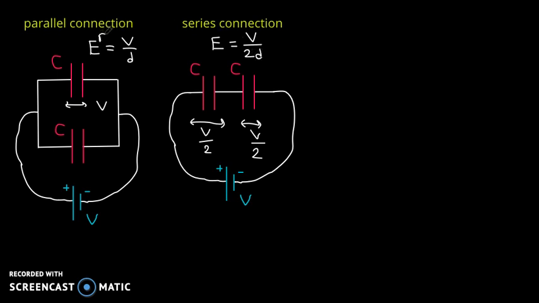So this is electric field in the parallel connection, electric field in the series connection. Again, if you divide the two equations side by side, you get electric field magnitude in the parallel connection is 2 times as large as the electric field magnitude in the series connection.